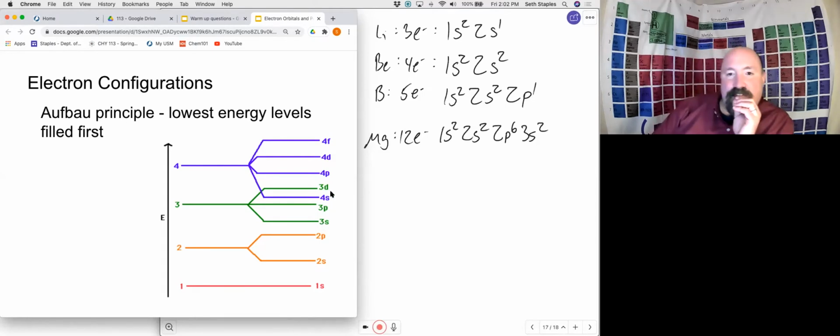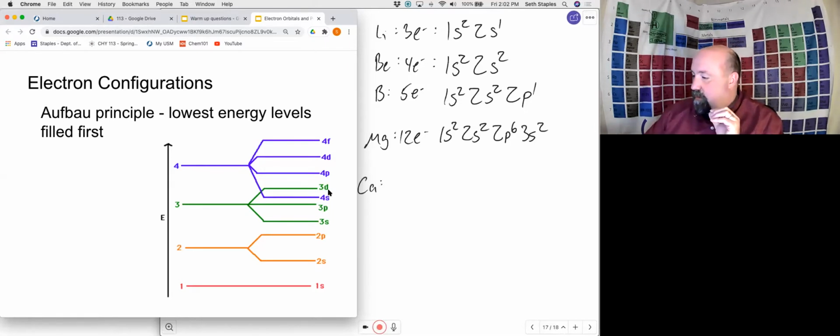Something funky starts to happen right here. You see this overlap, and I mentioned this last time, but we skipped over it. Now it's important for us because it turns out that the 4s sublevel will actually get electrons into it before the 3d sublevel. And so as you're going through this Aufbau principle, as you're filling these up, let's say that we are doing calcium, for instance. So calcium with its 20 electrons, we're going to go through our same process.